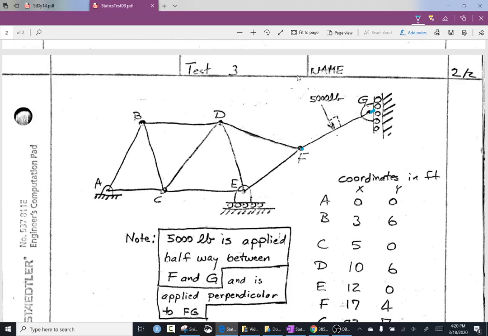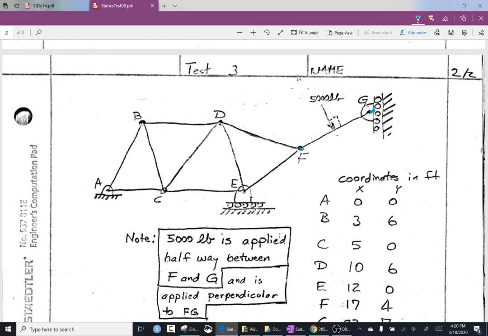Everything is a pin. All of these are pins. Let me also state this one can only move to the right or to the left. So it has a reaction load up, but no left and right reaction loads. So essentially what you get for the reaction is some load here, some load there, and that's pretty much it. What are those? I don't know. That's what you're supposed to determine.